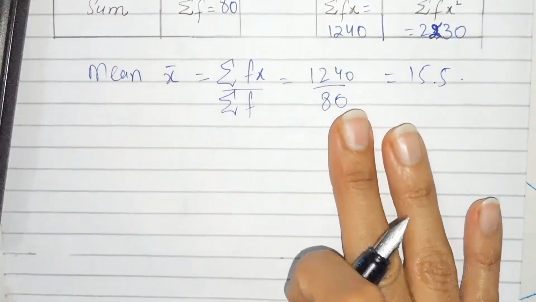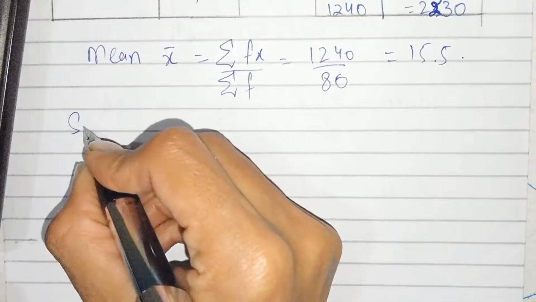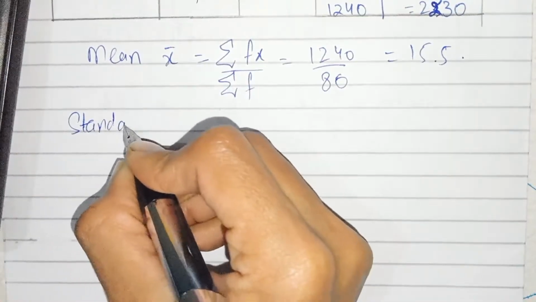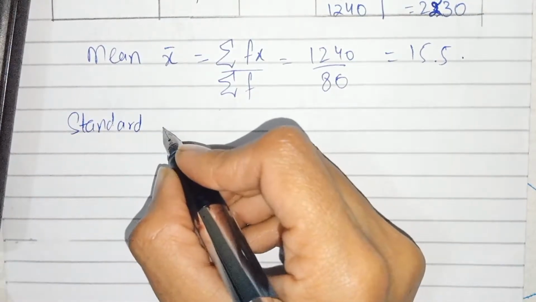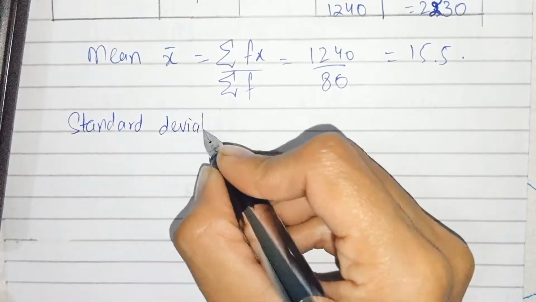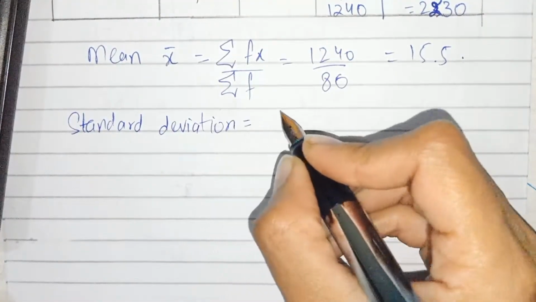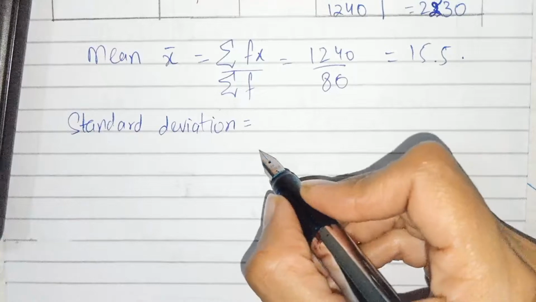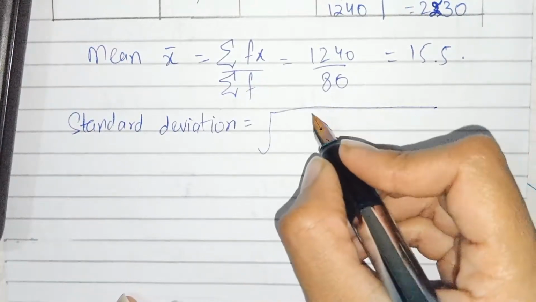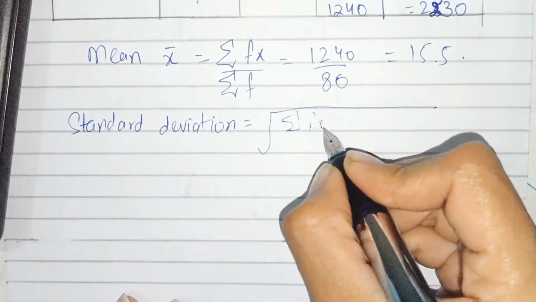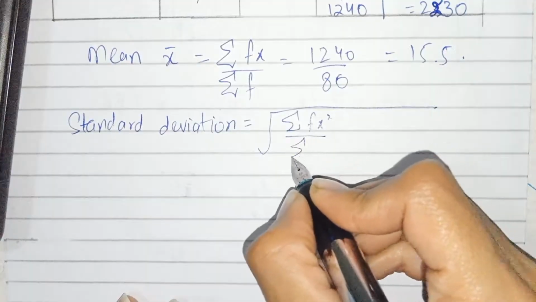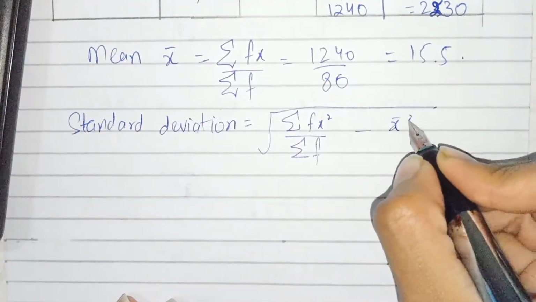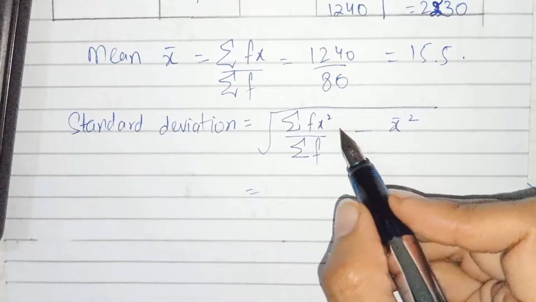And now the formula of standard deviation is the square root of sigma fx square over sigma f, minus the mean squared.